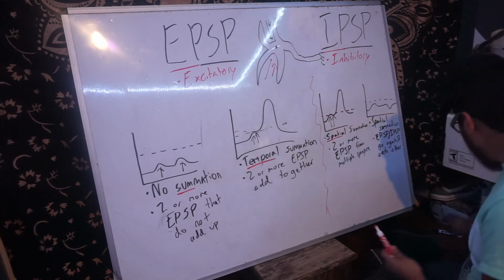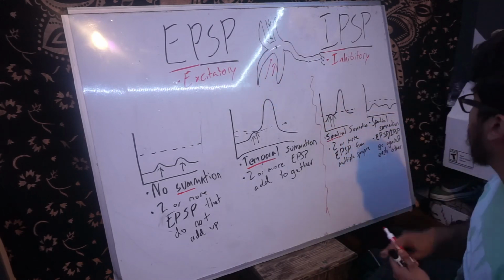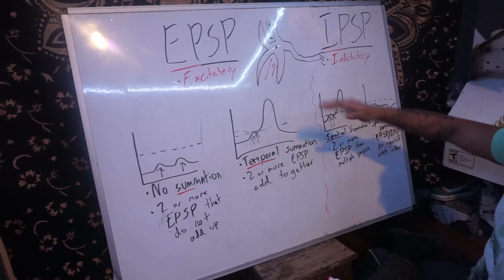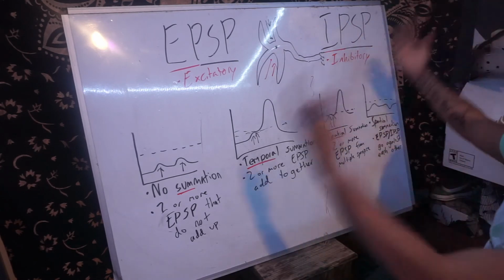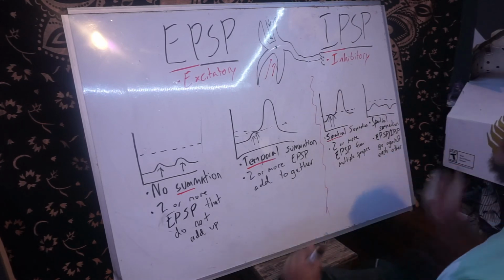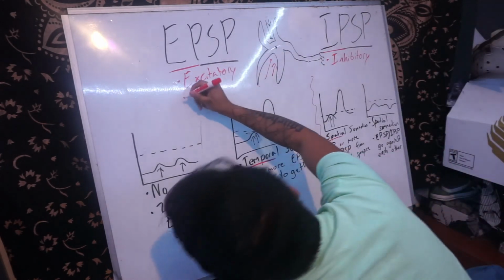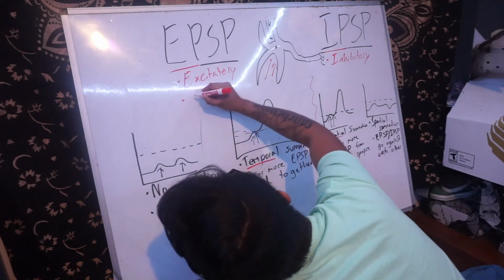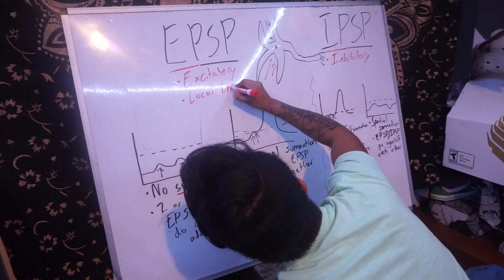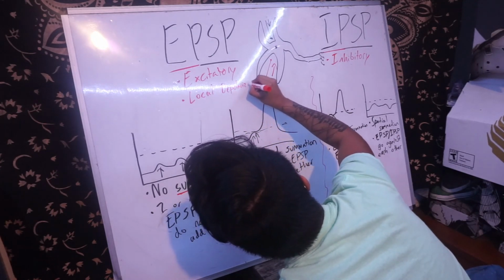The main difference, though, as you can see, this goes down, right? And we remember that to get an action potential we need to go up with depolarization, right? So, if there's one thing you can remember about this, it's excitatory, and just remember local depolarization.